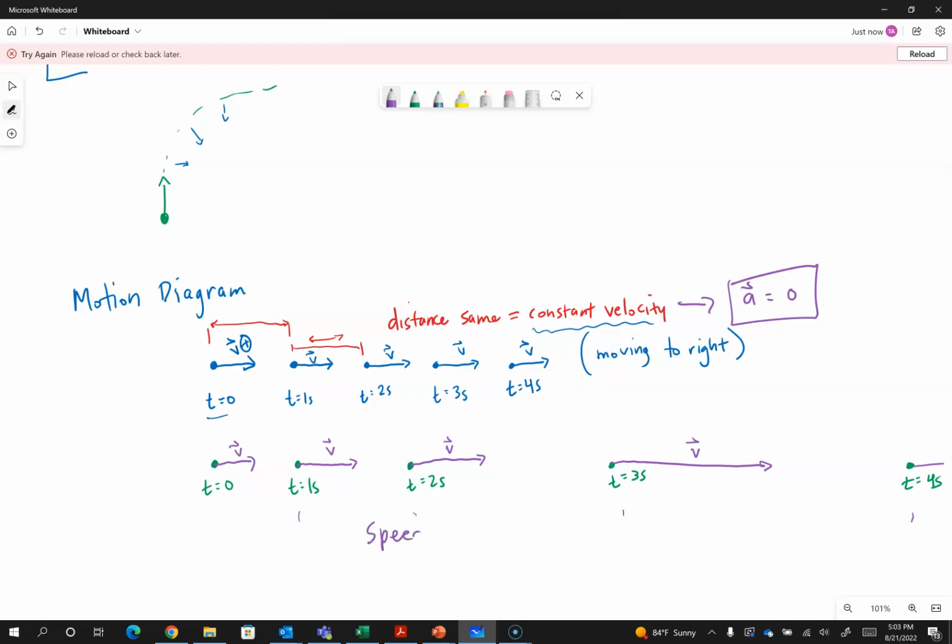We see this object speeding up. Well, there's an acceleration if the velocity is changing. So if there's an acceleration and the object's speeding up, that acceleration has to be in the same direction as the velocity. So these velocities are positive. This acceleration would also be positive to speed up.